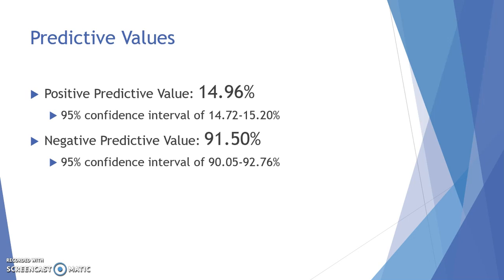The negative predictive value for this diagnostic test is 91.5, with a confidence interval of 90 to 92%. The negative predictive value is the probability that disease is not present when the test is negative. Therefore, this diagnostic test is very significant in diagnosing Mocoho disease.